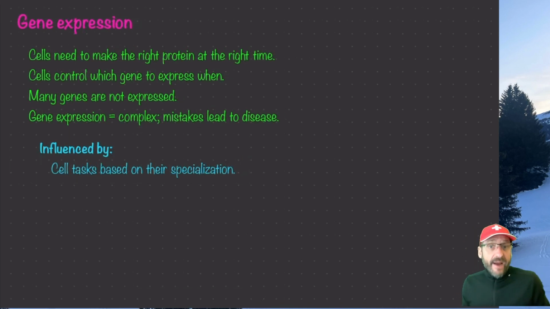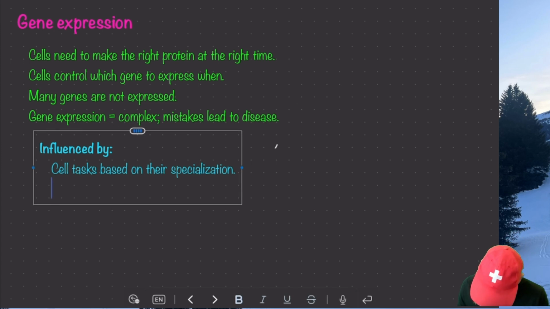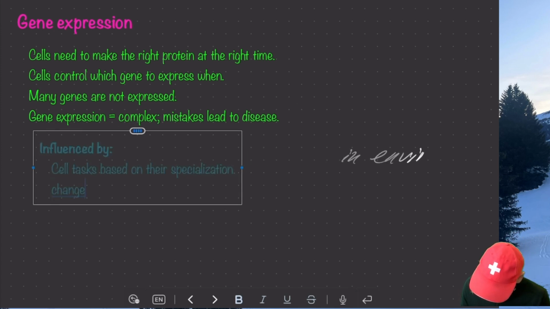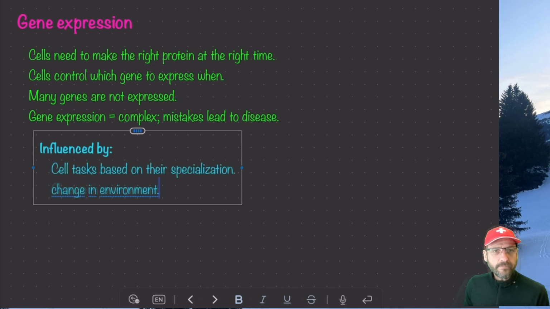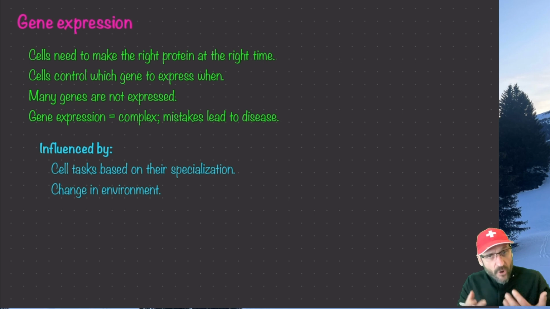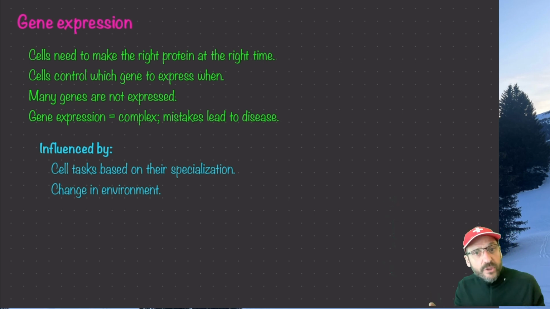Also, environmental factors and changes influence which genes are expressed. And lastly, fairly obviously, when we have different stages in development, we also need to express different genes at those different times.